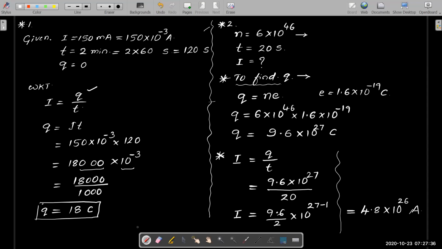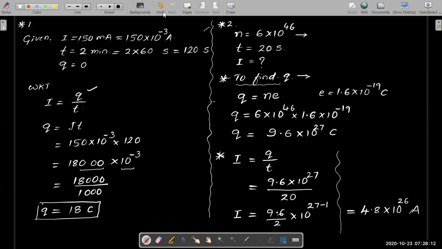Hope you have written. Every problem in physics will be based upon the knowledge of formula and the theoretical knowledge we have gathered. If you have the proper knowledge and the idea of how to use the formula and how to make the calculations, then very easily you can calculate, no problem.